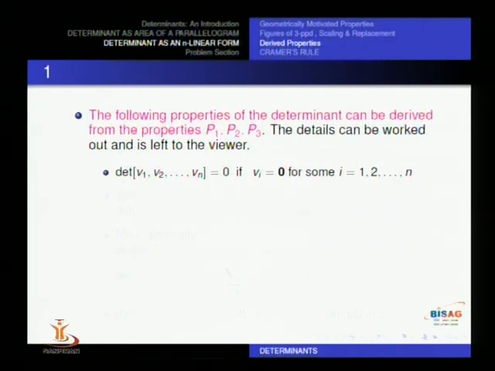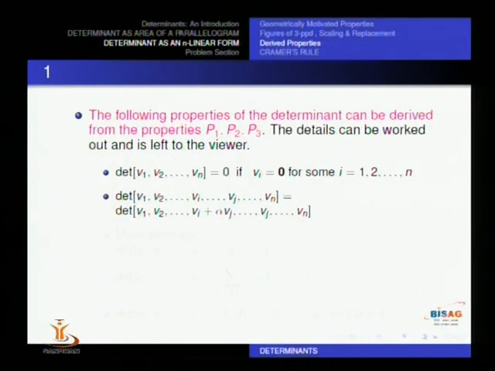The first property is if some column vector is 0, then the determinant is 0. That is, determinant v1, v2, vn equals 0 if column vi is 0 for some i from 1 to n. So if one column is identically 0, then the whole determinant value is 0.